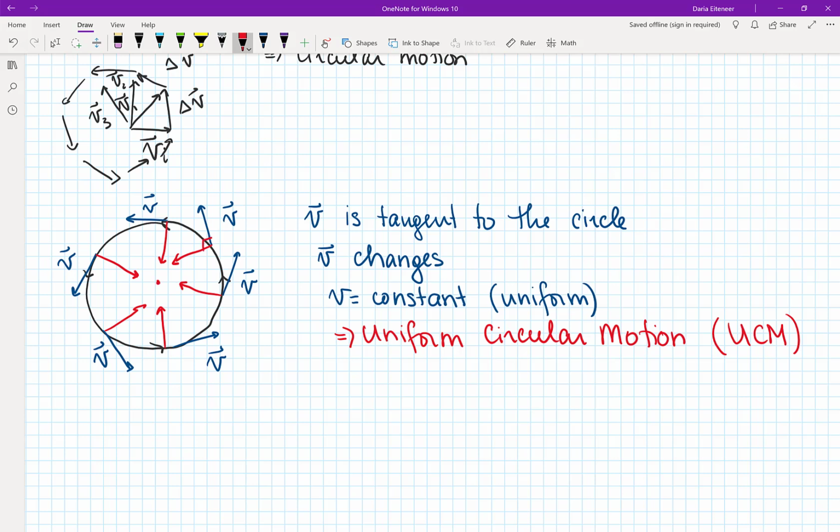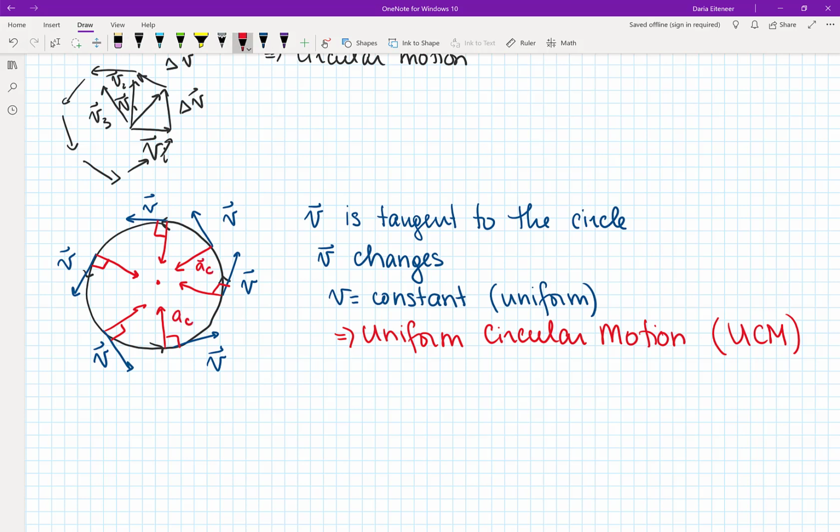And you will see that at every point, this acceleration vector points towards the center of the circle. This one's a little off here. Okay, so this acceleration vector always points towards the center of the circle.